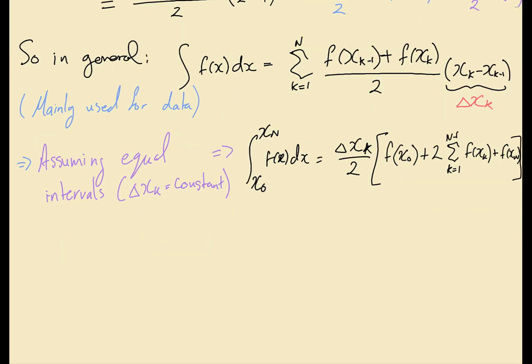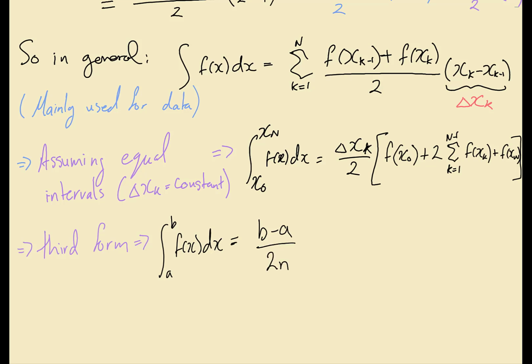So there's also a third form for this equation, which uses the variables a and b as the starting and ending points. And then n would be the number of segments that we have. So we would be integrating from a to b, f of x dx, and we would write, in this case, b minus a divided by 2n, because we took the whole segment.